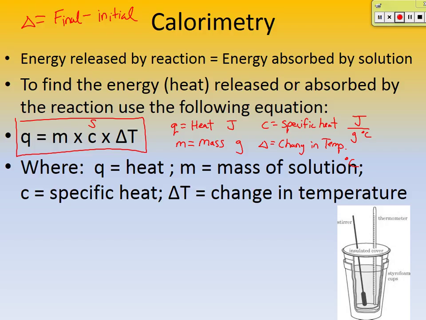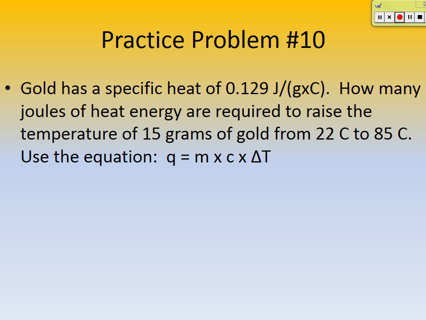Okay, I've got a practice problem here. Practice problem number 10. Okay, let's see if we can solve this one together. It says gold has a specific heat of 0.129 joules per gram per degree Celsius. How many joules of heat energy are required to raise the temperature of 15 grams of gold from 22 to 85 degrees Celsius?